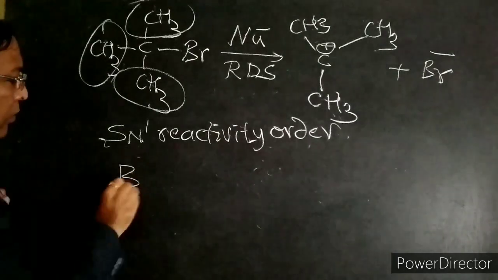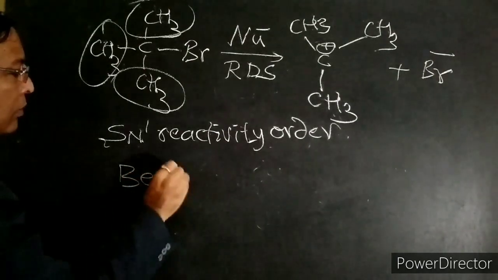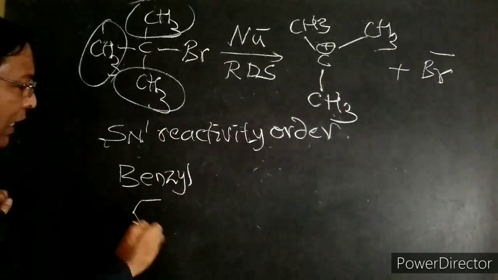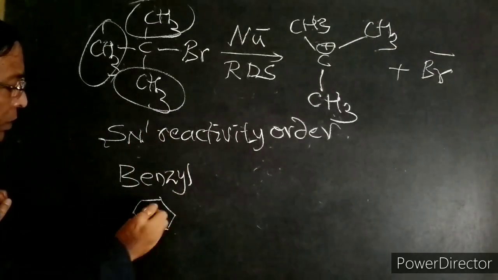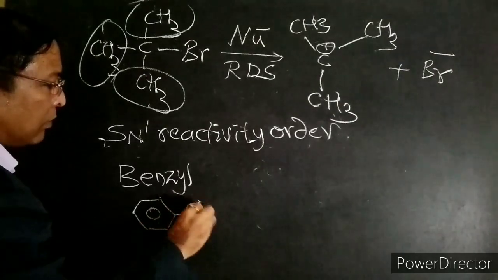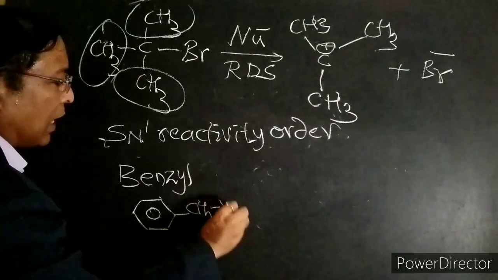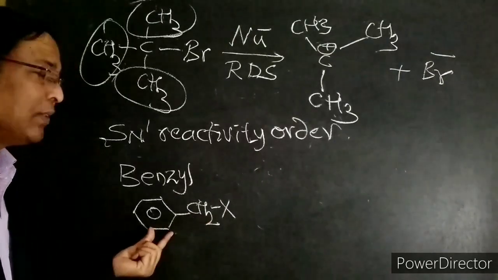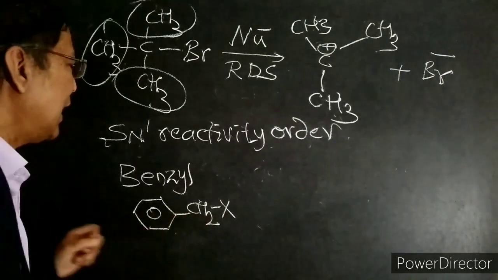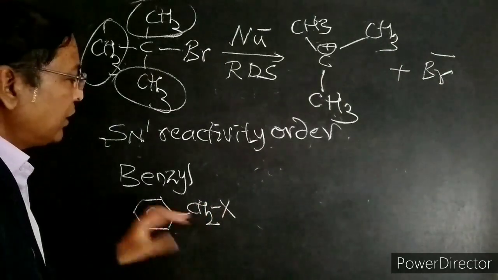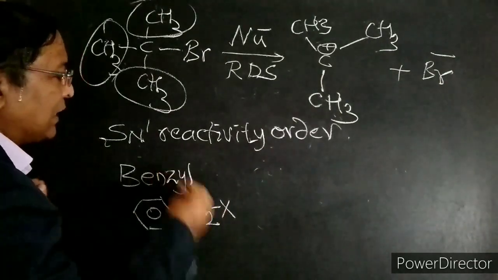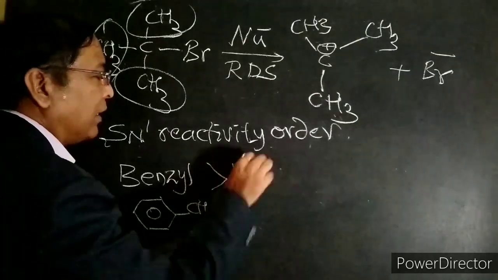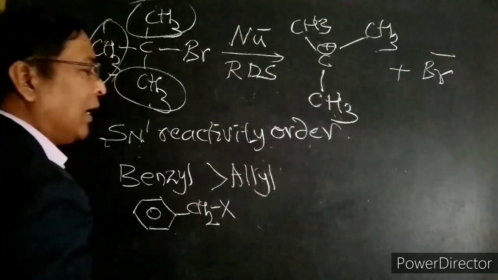Benzyl halide undergoes very fast SN1 reaction. Benzyl halide means when the halogen atom is attached to the carbon atom next to benzene. Then comes allyl halide.